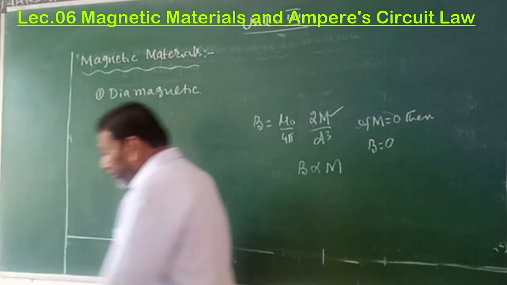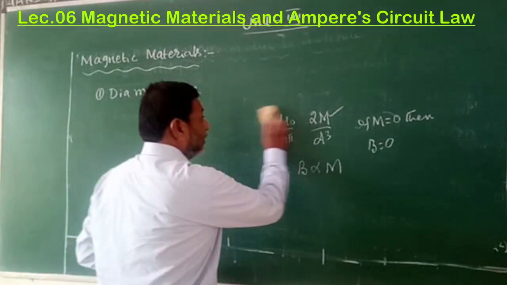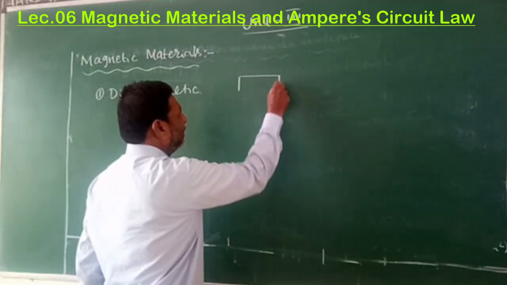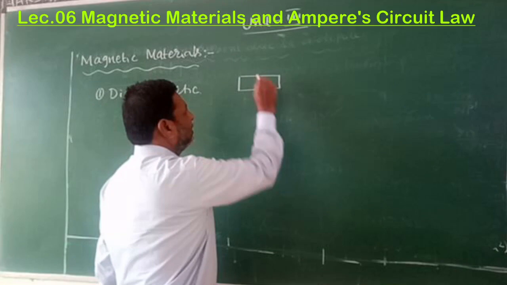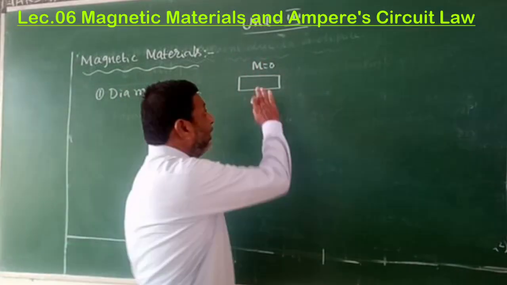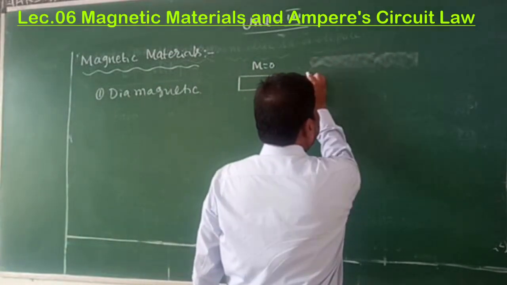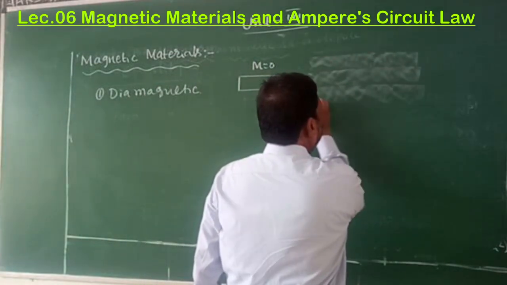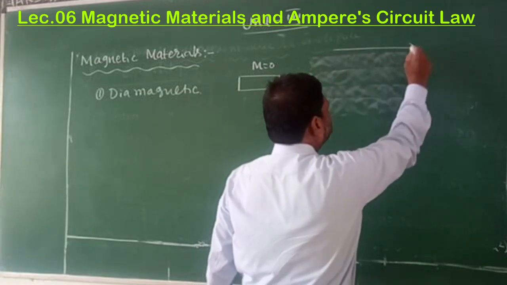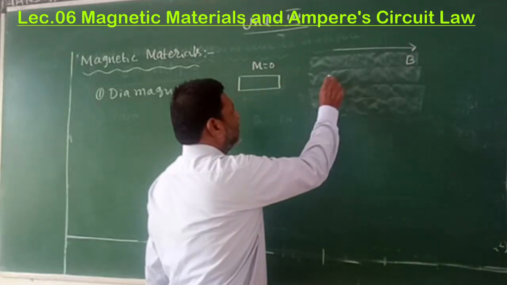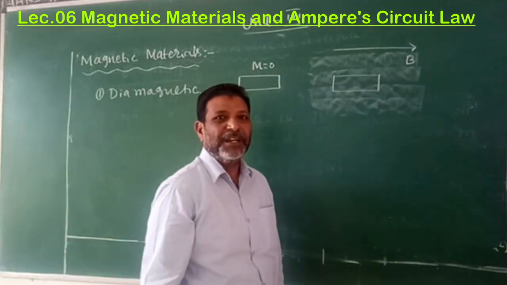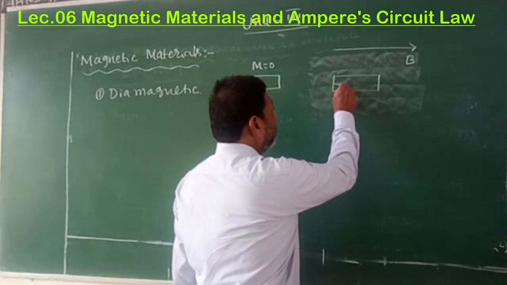Now, if I show you in the figure, let us consider this is the material. Initially, M is equal to 0 in this one. The initial magnetic moment is 0. Now this is the magnetic field in this direction. When this material is placed into this magnetic field, it gains some magnetic moment.